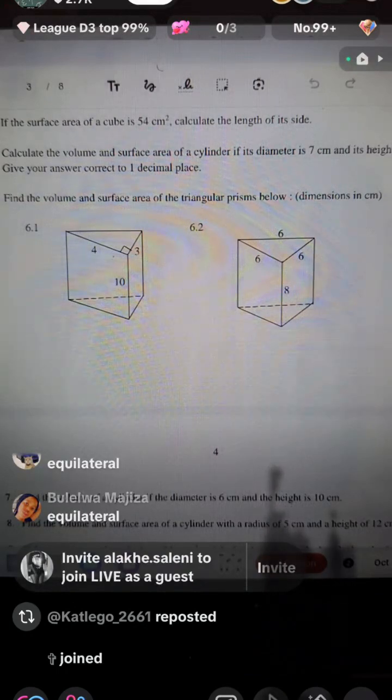Okay, so you should be done by now, no? Surely, no doubt you're done. The volume and the surface area of the triangular prism that you see below there. That would be straightforward, no problem.